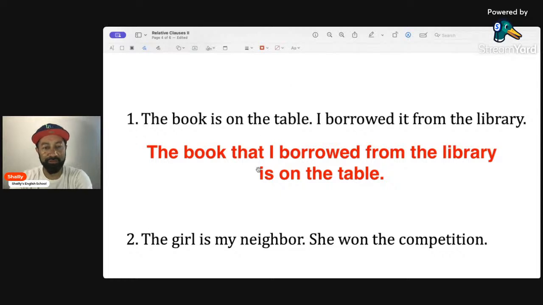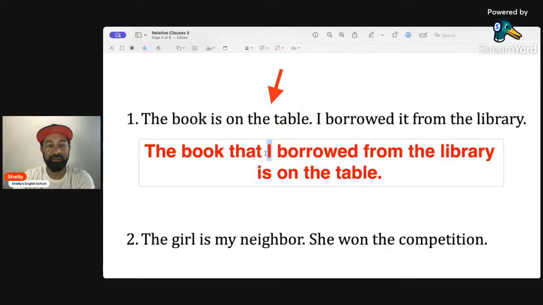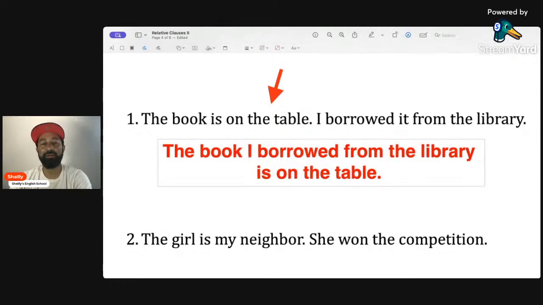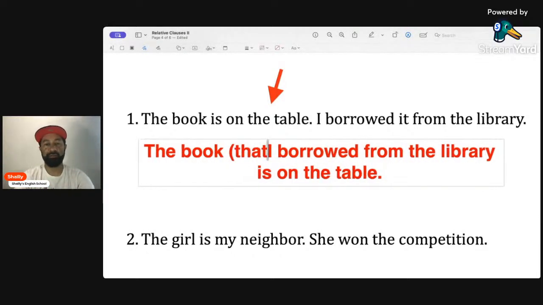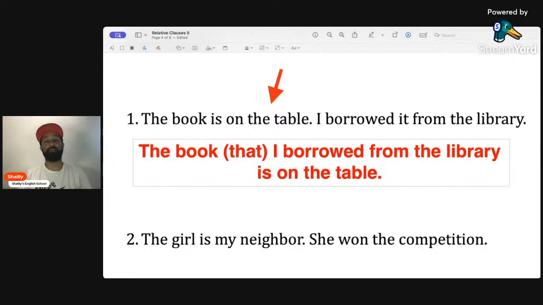Now, if you notice, after my that, it's got a subject and verb. So, in fact, I do not need this word. The book I borrowed from the library is on the table. But again, if you want to put it in, that's fine. I'll put it in brackets. The book that I borrowed from the library is on the table.